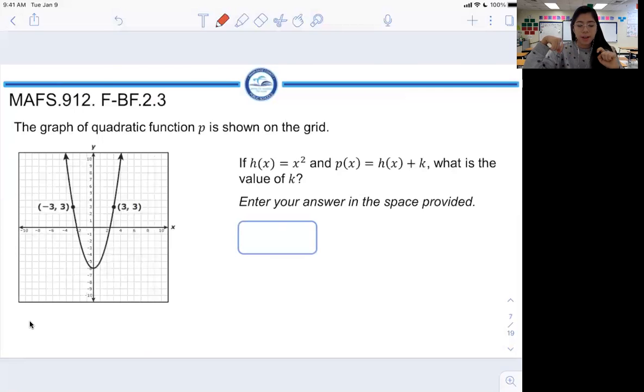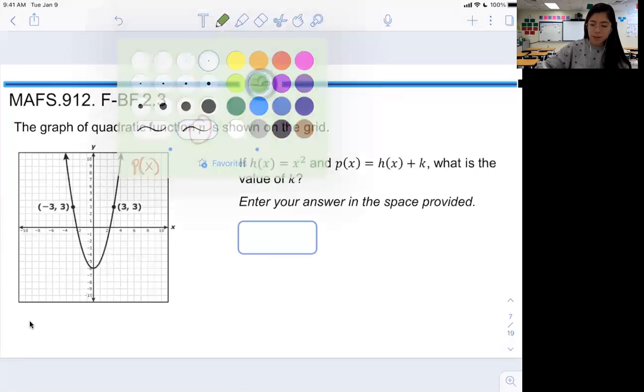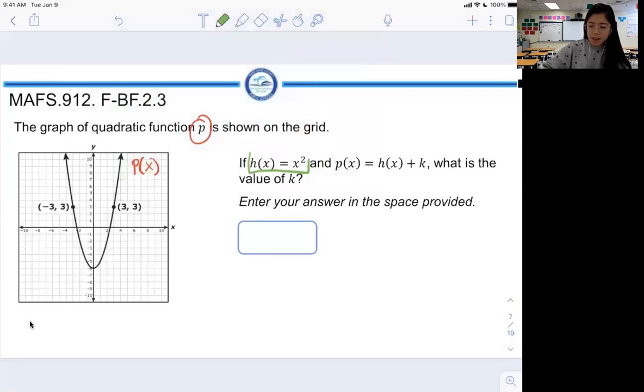Read it again. The quadratic function p is the one on the graph. So this is p of x. Then it says if h of x is x squared and p of x equals h of x plus k, what is the value of k? So h of x is a separate function, but what's the name of this specific type of function?